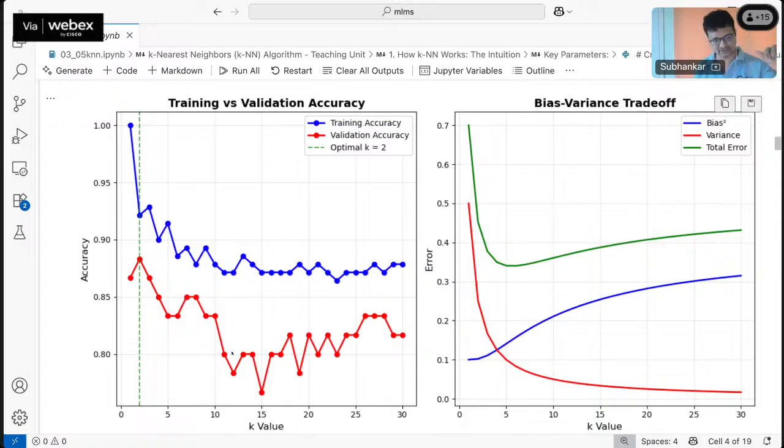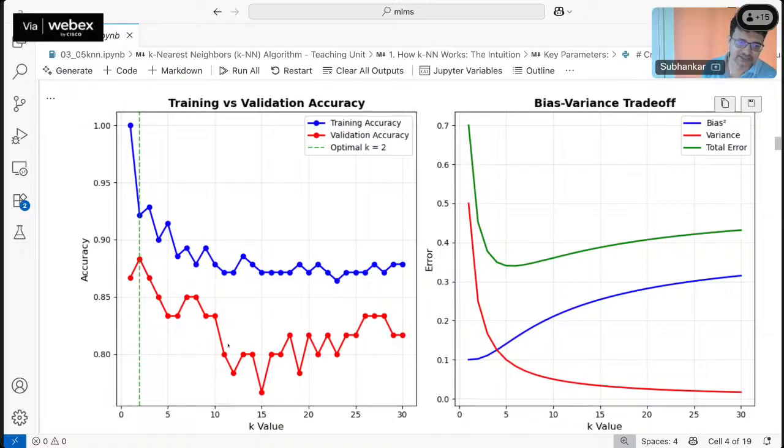As you increase the value of k, this is how accurate we are. That means if you give me new test points, we are correctly predicting their labels at this accuracy. On the left-hand side it's like 90%, meaning we are predicting 90 out of 100 correctly, so 0.9.